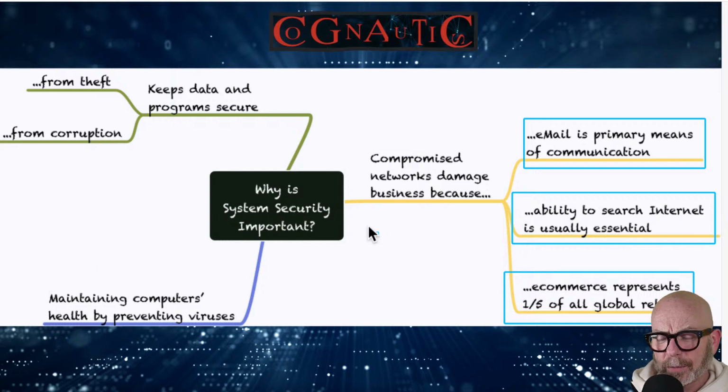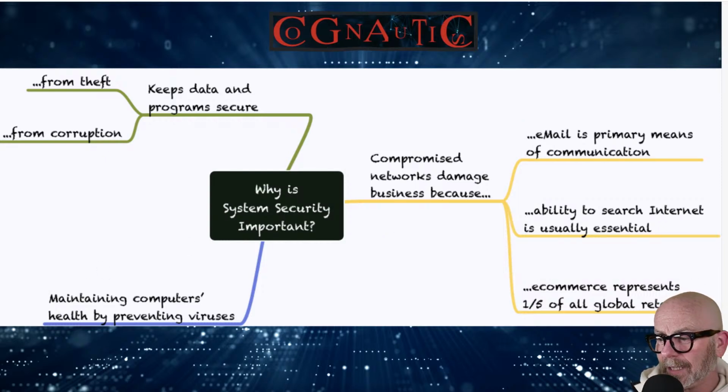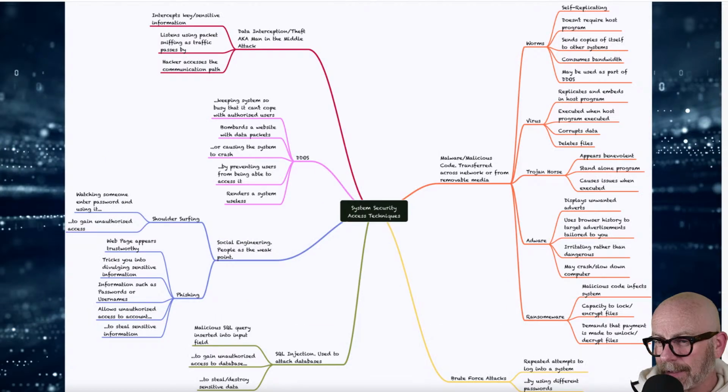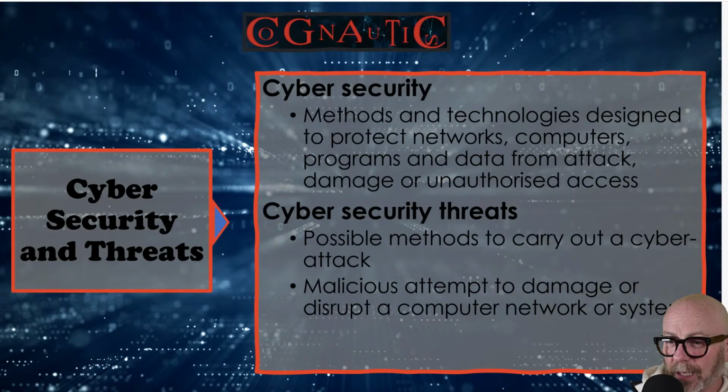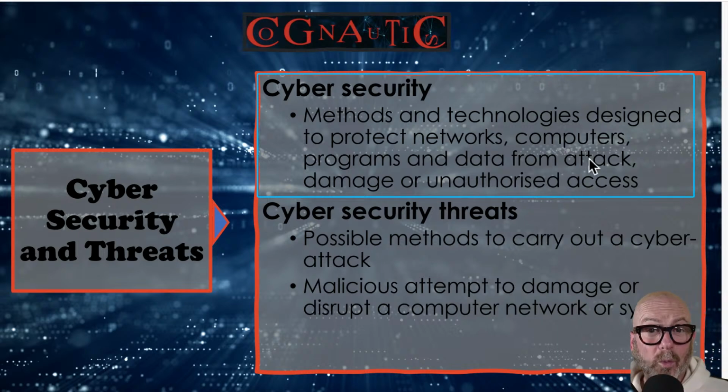Okay, so we'll look now at what the threats are and how they can be limited or prevented, okay? This is a huge mind map, which I will send through to you. Mr. Valley Godfrey already has a copy of this, but this is pretty much what I'm going to be going through today. Now, in terms of cybersecurity, I just wanted to draw your attention to what it is.